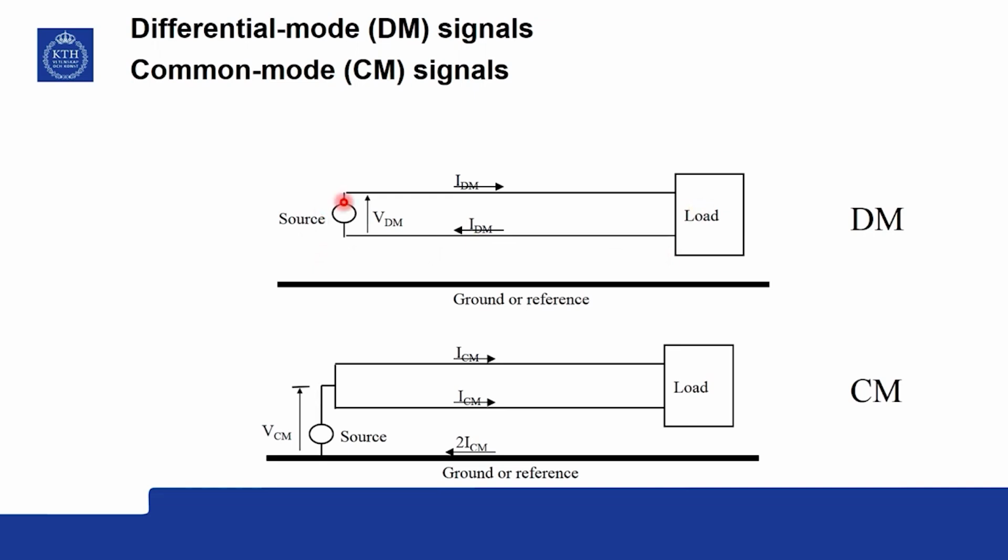So, normal signals are all differential mode signals, and there can be some noise, EMI, also circulating in the differential mode, for example, some of the switching noise or some other electronic noise.